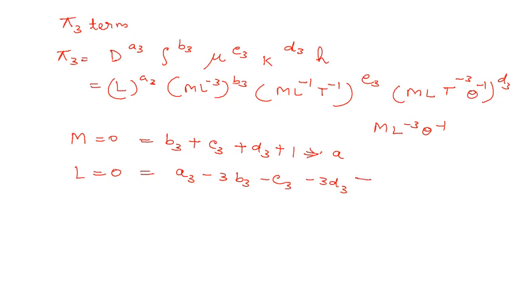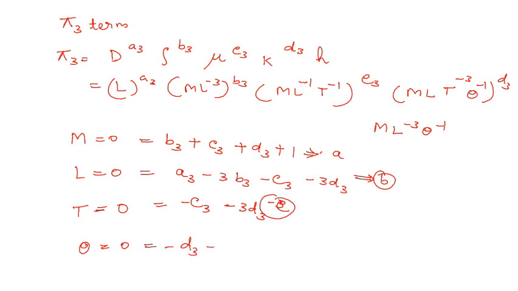It is equation number B. Similarly, for time, 0 is equal to minus c3 minus 3d3 minus 3. That is equation number C, and for theta, 0 is equal to minus d3 minus 1.